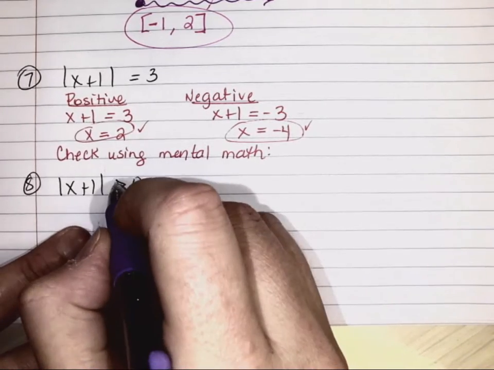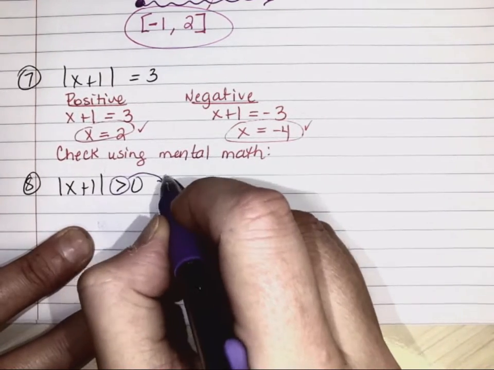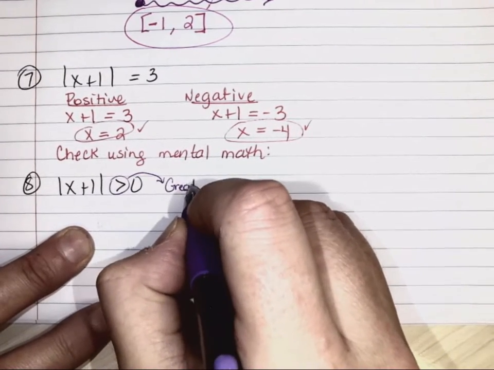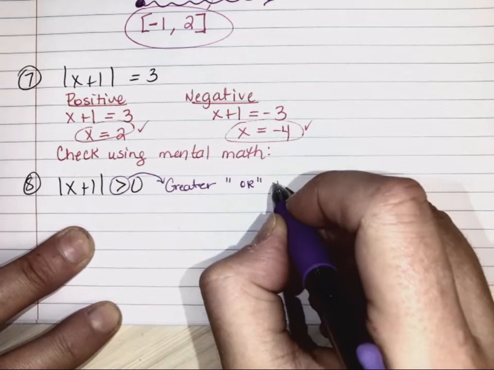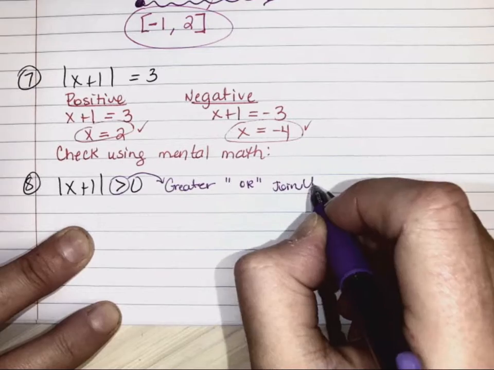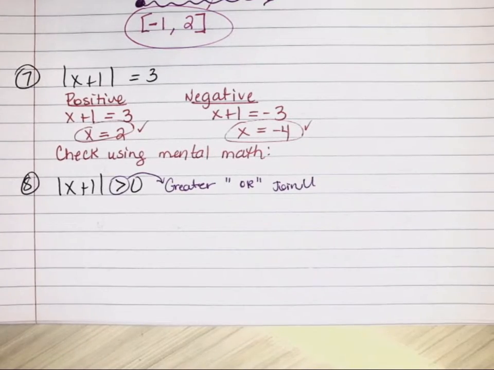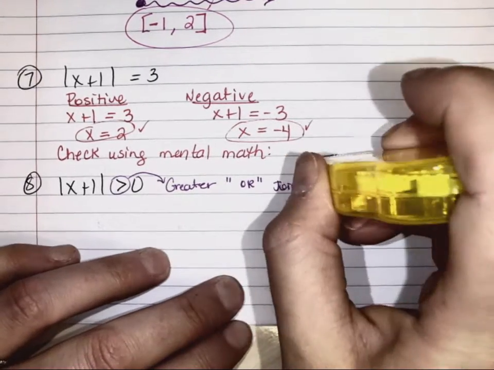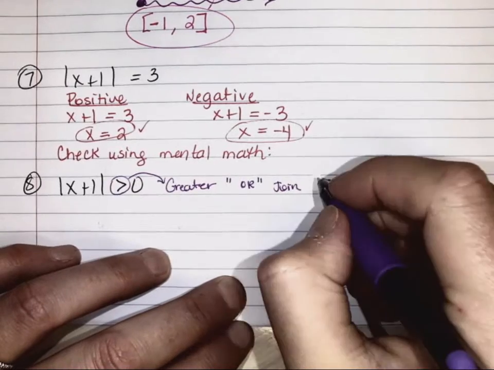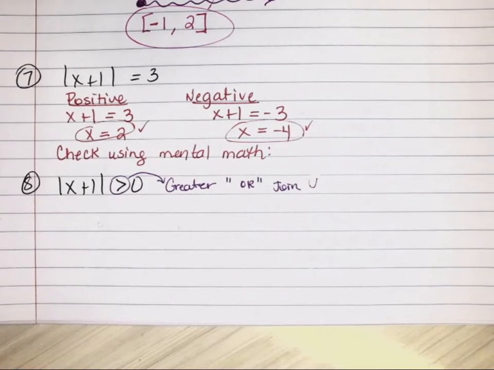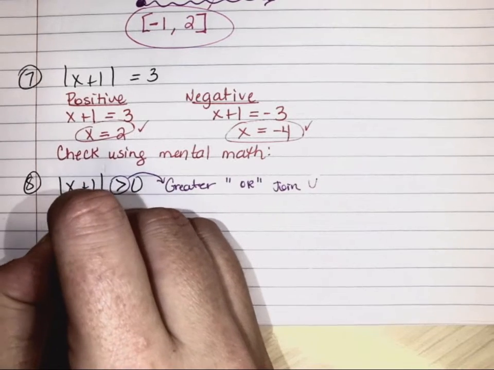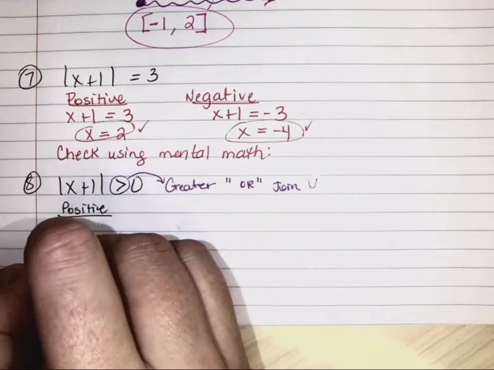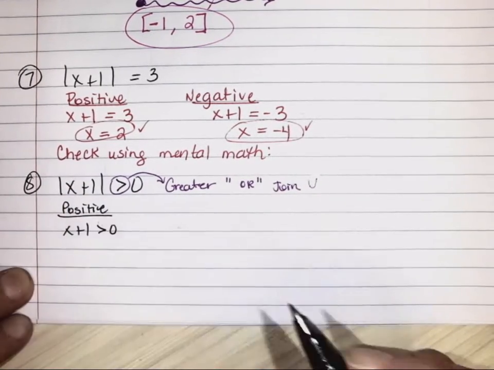So this is the inequality. Notice that it's greater, and we say greater or. So this is going to be a case where we join our answers. So join, union. And how we determine that is you've got a positive part, x plus 1 greater than 0.